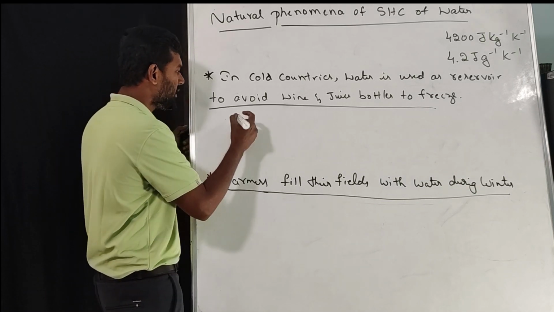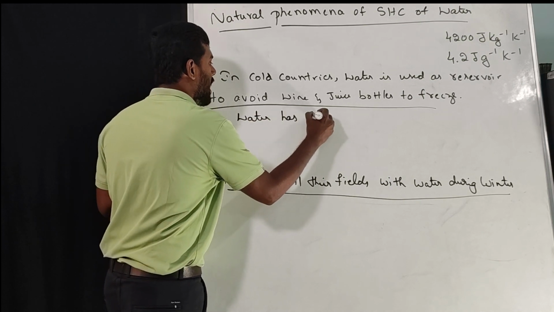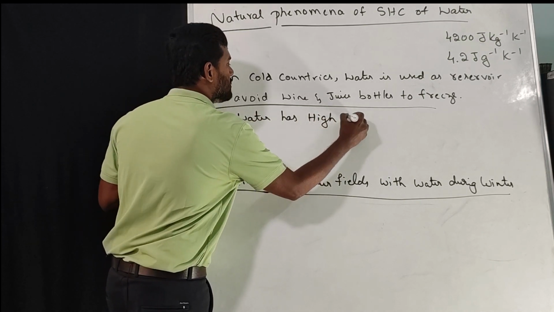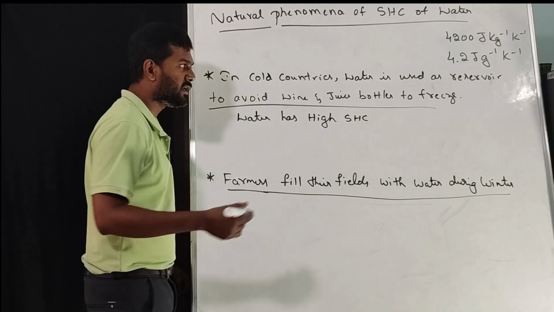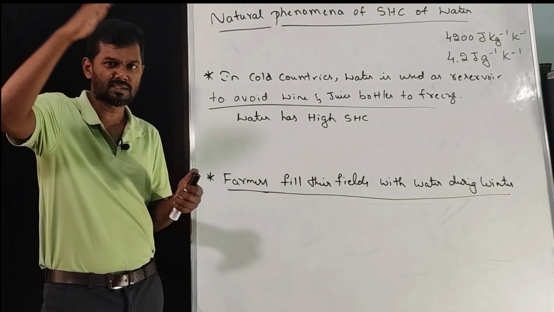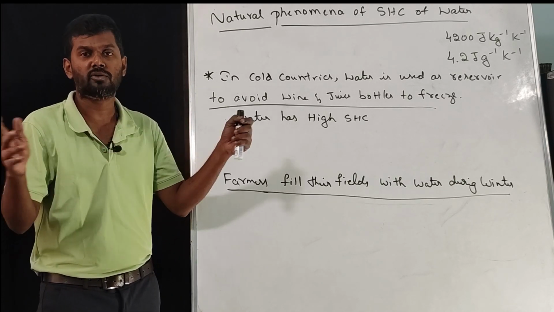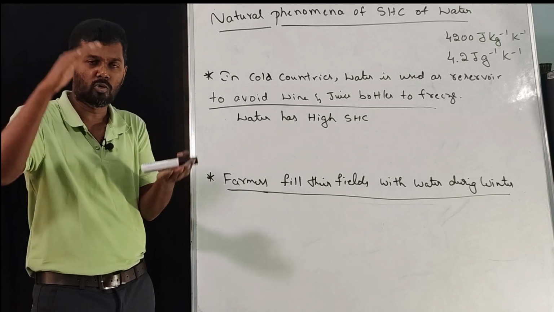Why? Because water has, again, first thing you are going to write is water has high specific heat capacity. And see, while increasing the temperature or decreasing the temperature, water requires a lot of heat energy to cool down.